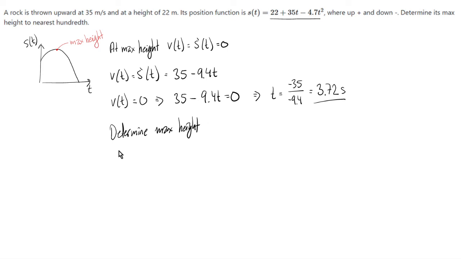So that's going to be s of 3.72 equals 22 plus 35 times 3.72 minus 4.7 times 3.72 squared. And if we evaluate this to nearest hundredth, it's going to be 87.16, and the units are meters.